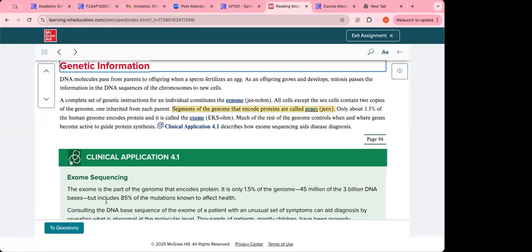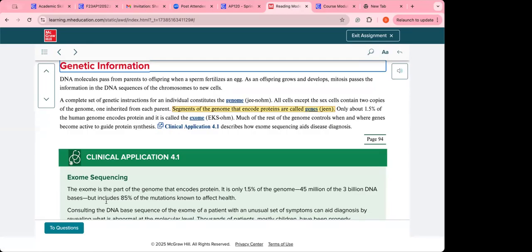Okay, so a complete set of genetic instructions is the genome. All cells except the sex cells contain two copies of the genome, one inherited from each parent. Segments of the genome that encode proteins are called genes.